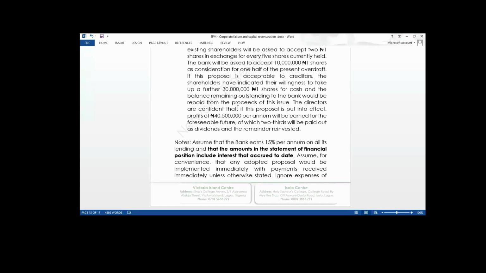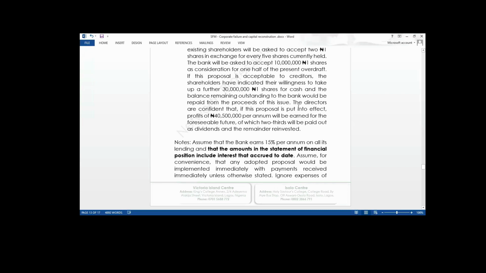That means the bank will get cash of 22.5 million naira under reconstruction. Then the bank will have equity shares in the company worth 10 million naira. Under proposal C, the bank will get cash of 22.5 million immediately. What other things?